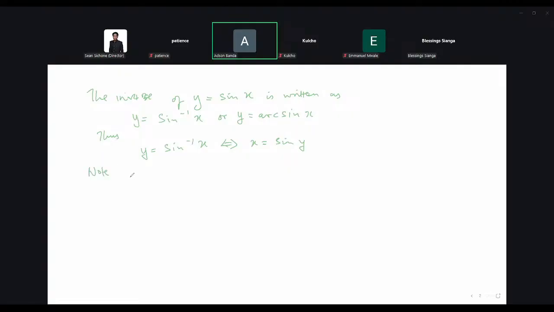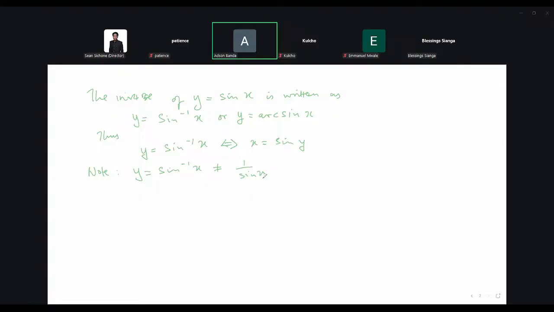The only thing I want you to know is that y equal to the sine inverse of x is not the same as 1 over sine x. Those are two different functions. The other one is the reciprocal of sine x and not the inverse of sine x. And of course, you know what the reciprocal of sine x is in terms of the secondary trigonometric functions.